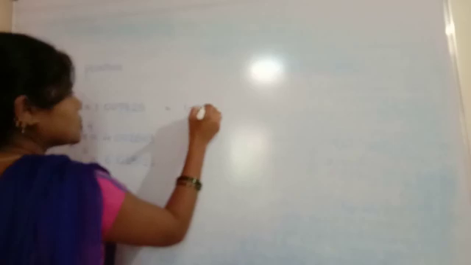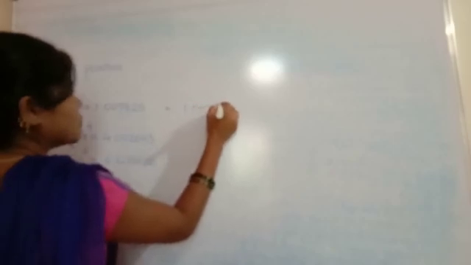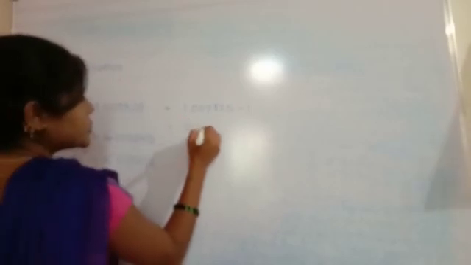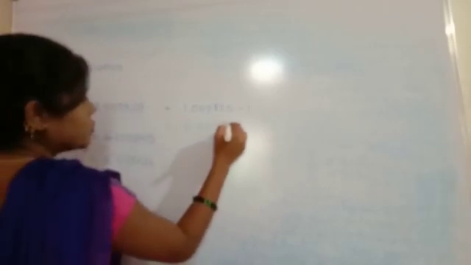If we take 1 as the whole number, then 1.007825 minus 1 gives 0.007825.